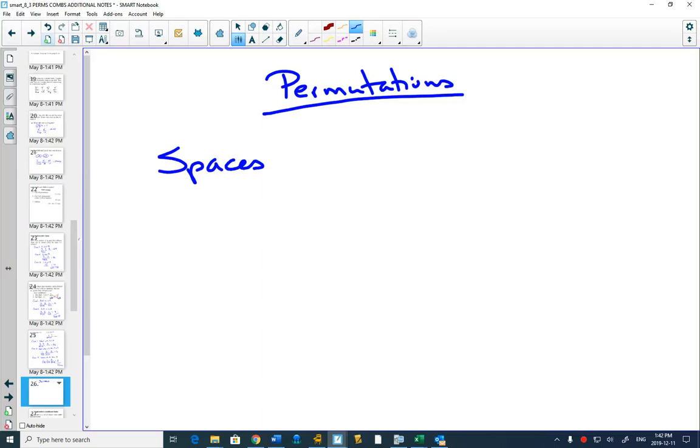Make a space for each decision, and then put how many choices you have into those spaces. That's basically the fundamental counting principle. With spaces, we had questions where there were restrictions, saying that we need the number to be even. We need the number to be odd. If you only have one restriction, you dealt with your restriction first.